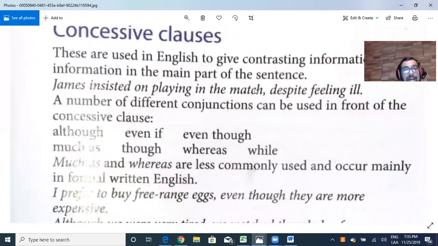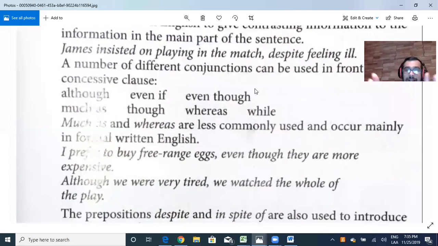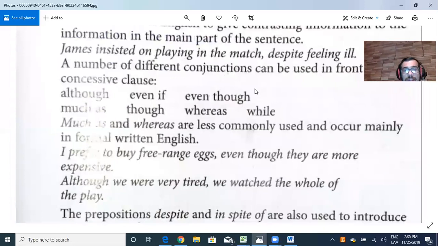Yeah, yeah. Okay. So can you give me a quick example of contrasting the main clause with the dependent clause using although or even if or even though or much as, any of these conjunctions?